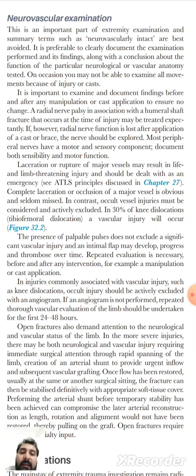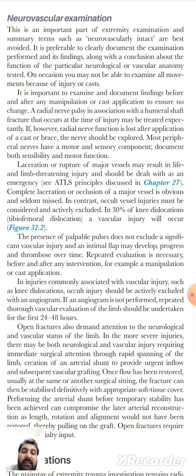If there is complete injury to the vessel, that is obvious and seldom missed. If there is only an intimal flap, that can be missed at the first instance because there will be palpable pulses. When this intimal flap progresses and thromboses over time, then it will become evident and then it can be too late.